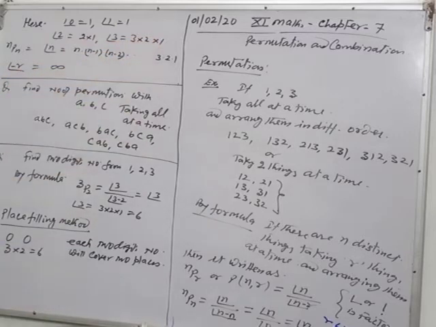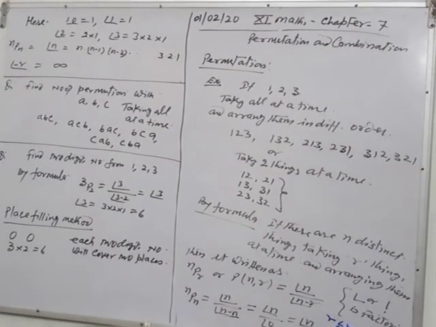One less each time. nPn, that is factorial n: n, n minus 1, n minus 2 and so on, 3, 2, 1. What is the meaning of this? nPn means there are n things, you have to take all things at a time and arrange them in n places.